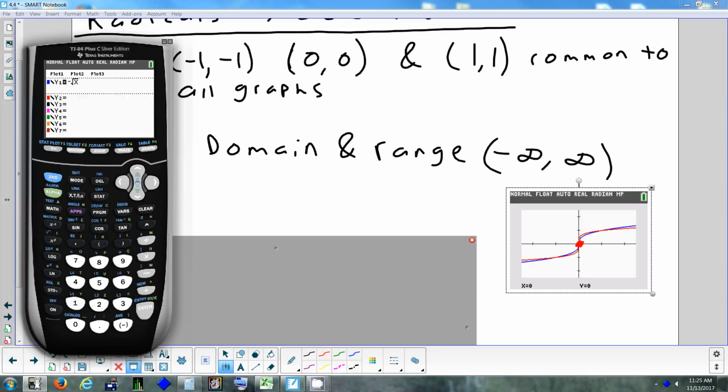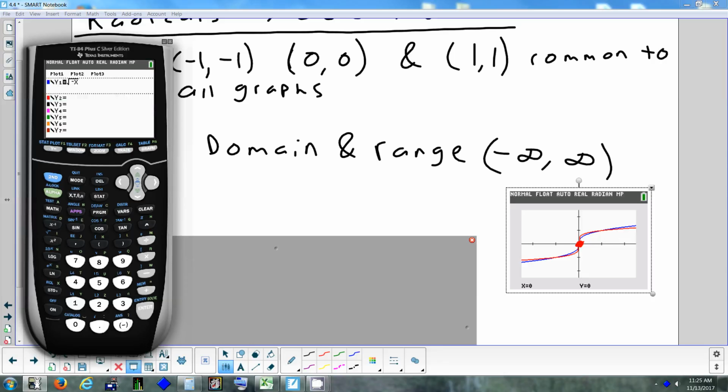What do you think would happen if I put the negative there? What do you think the negative there would cause to happen? Not imaginary. So what did the negative cause to do on the last one?